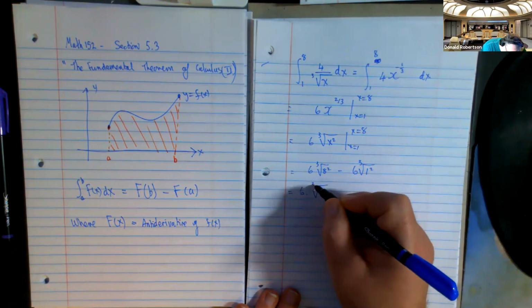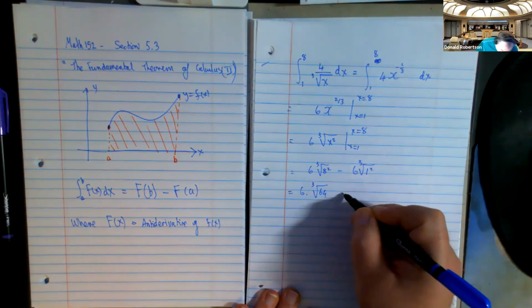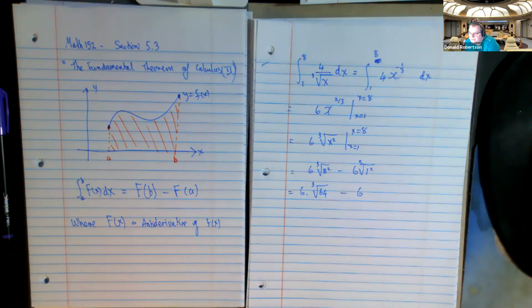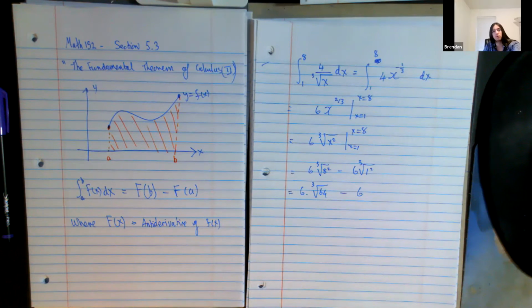Can't do it in my head. Okay, now I can do it in my head. The cube root of 64 is a nice number. Oh, come on, cheer me up. Is it 4? The cube root of 64 is 4.